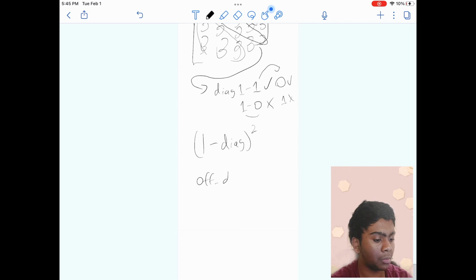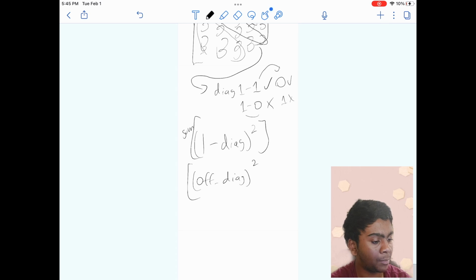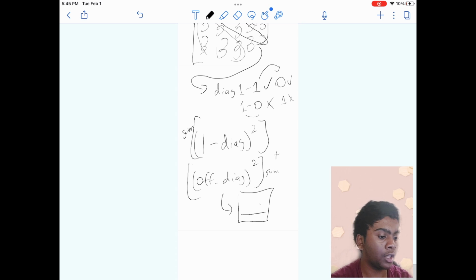And because it's still not a number, we still have these arrays, we take the sum of all this, and we also take the sum of this, and we add them together to get a number. And so this number will be our loss. And so that's how the Barlow Twins works.